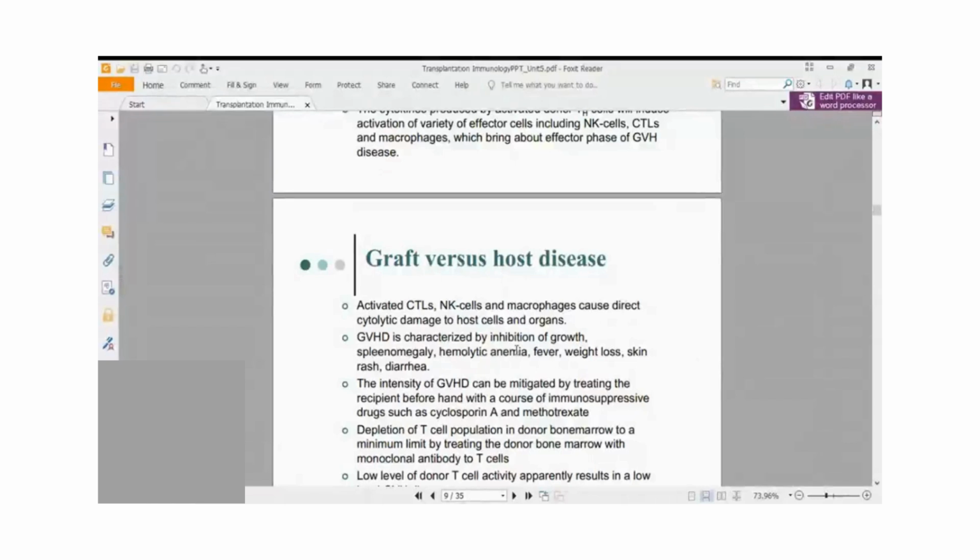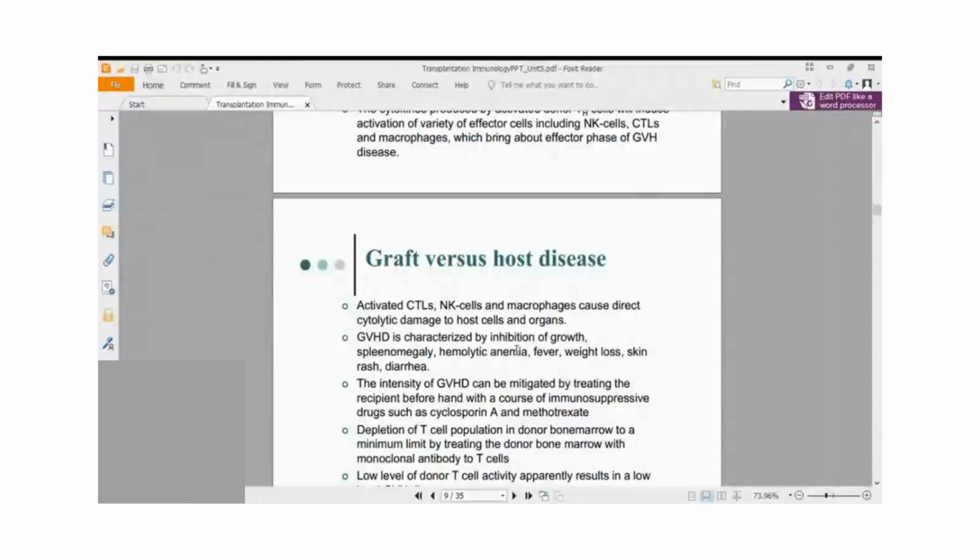Weight loss will be there in the person. Growth will be inhibited. Cells will be inhibited from proliferation because they are being attacked by the immune cells. There will be splenomegaly. If you palpate the left side below the stomach in the abdominal region, you will see the recipient's spleen will have gone into a larger size. That is called splenomegaly.